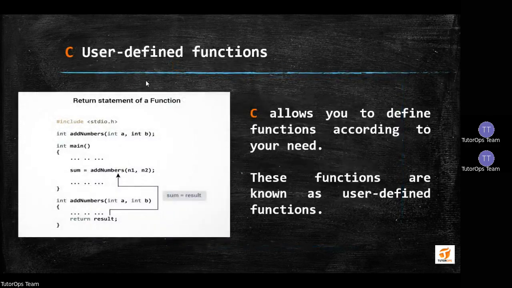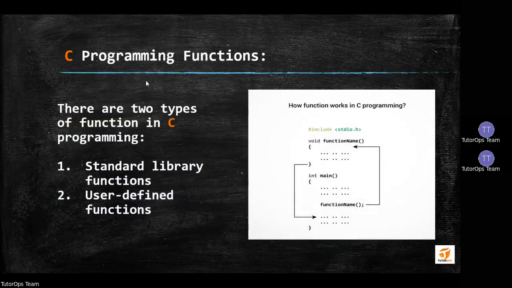Another one, as I told you already, is the standard library function like printf, scanf. These are all known as functions. But the definition of the function, or you can say the job description of that function, is already written in your stdio.h file. So that is known as a standard library function because we are using that function to build a program.